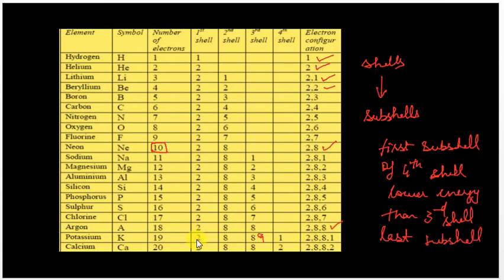So you have the configurations 2, 8, 8, 1 and 2, 8, 8, 2. This goes only up to calcium, but on the 21st element, the third shell will again start filling up. This is how you can find the electronic configuration, and it's really important to remember it for the first 20 elements.